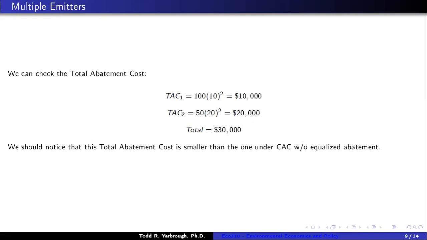Now the question comes up: in order for us to arrive at this cost-effective version of this problem, we need to know what the abatement costs are for each firm. We need to know what the benefit of abatement is, and then we need to have a policy goal, right?